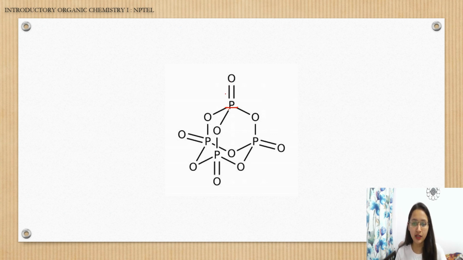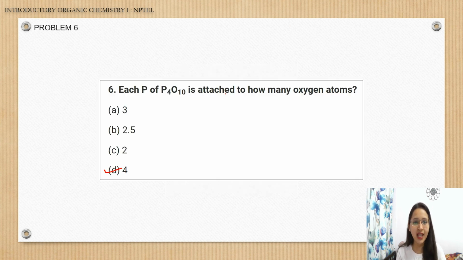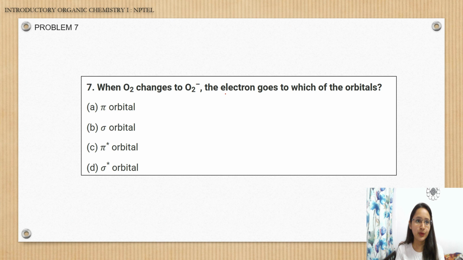Here oxygen has one double bond while the other three bonds are single, so we can say that four oxygen atoms are there. But I would say go for the structure only rather than the tricks. That would be better.